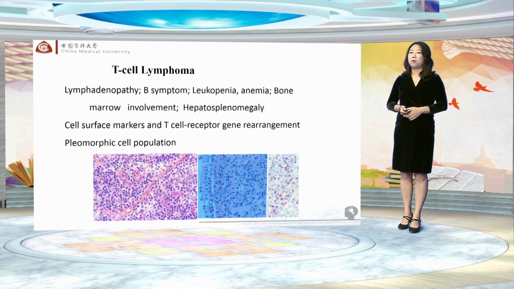The latter is the only certain way of proving a clonal origin for T cells, since a normal T cell immunophenotype occurs in many T cell non-Hodgkin lymphomas. Many T cell lymphomas are characterized by a pleomorphic cell population.